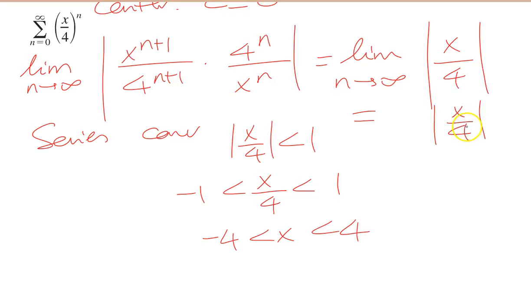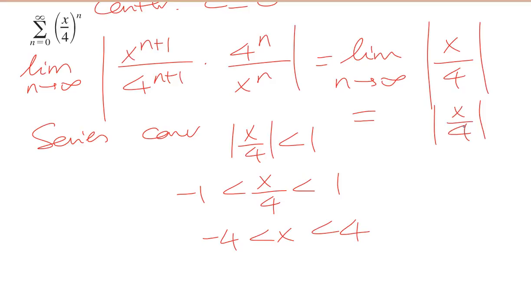The limit of the ratio is 1, and we know by the ratio test, if the limit of the ratio is exactly 1, the test is inconclusive. So we don't know what's happening at x equals negative 4. Likewise, we don't know what's happening at x equals 4 either, because when x is 4, the limit of the ratio is 4 over 4, 1, absolute value is 1, ratio test is inconclusive.